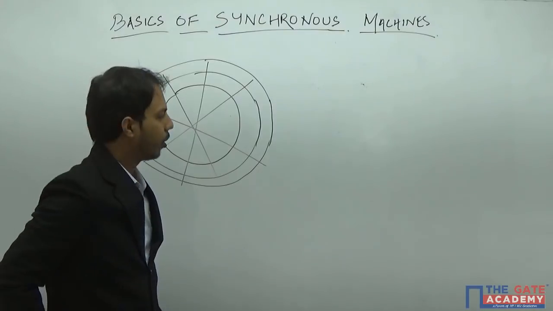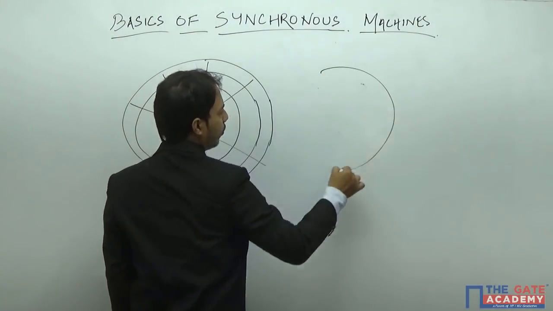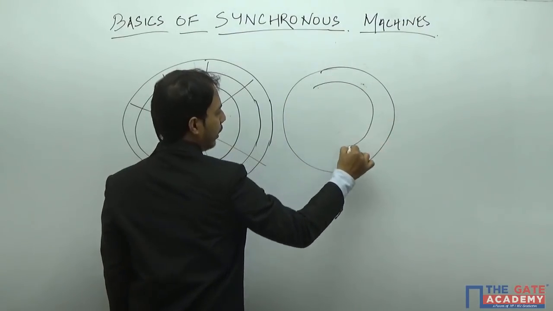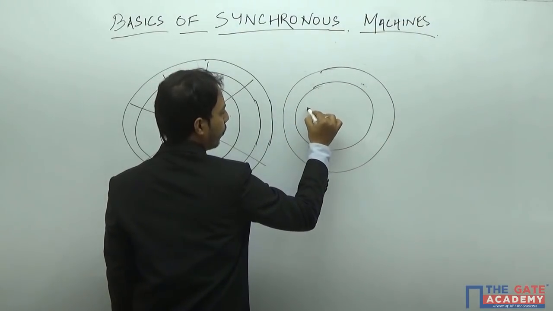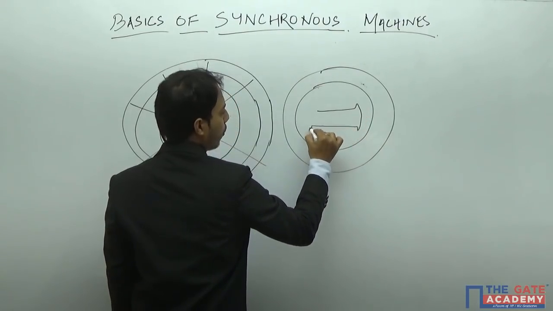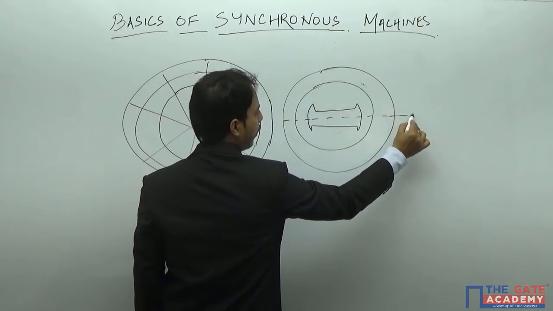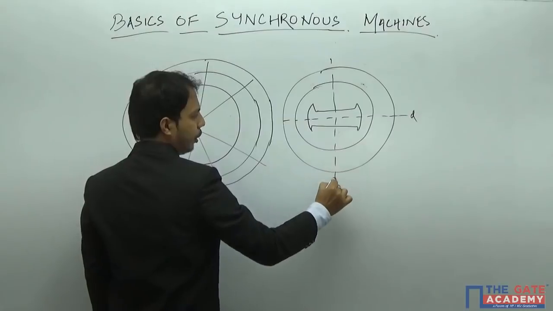Whereas if you see the salient pole, this is the D axis and this is the Q axis.